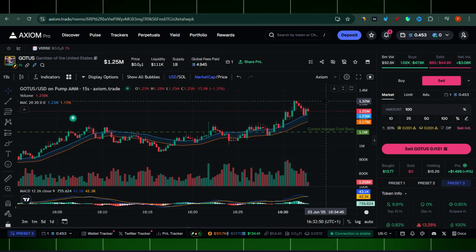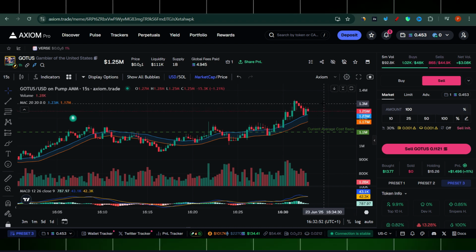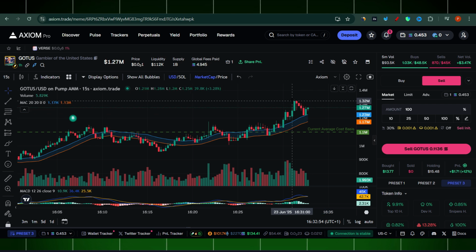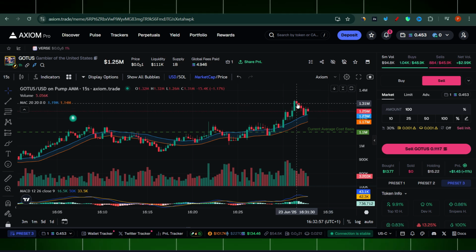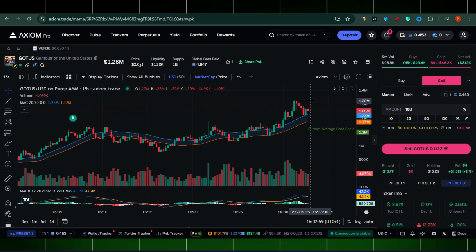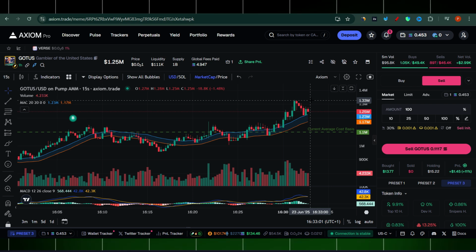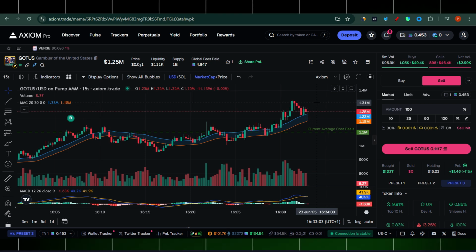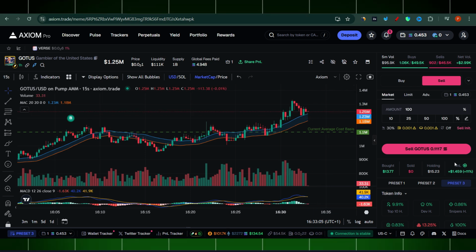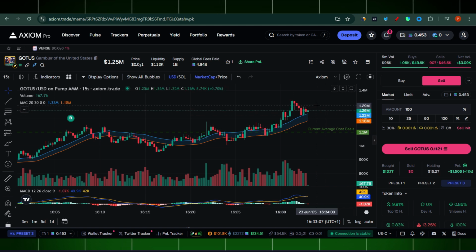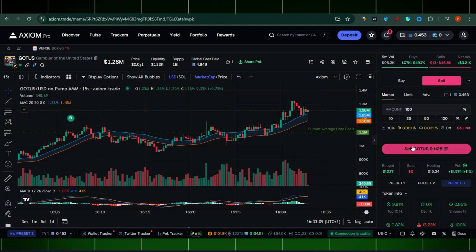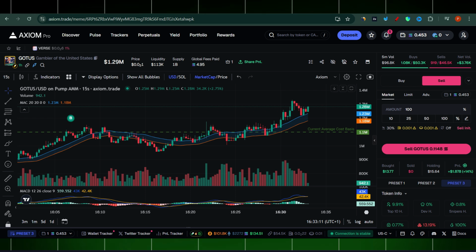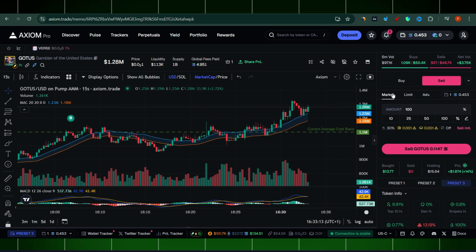There is definitely an upward trend when it comes to this coin, and it's forming some sort of resistance at this stage. So I'm just waiting to see what's going to happen, because if we start bouncing sideways here, probably I will sell it and call it a day.